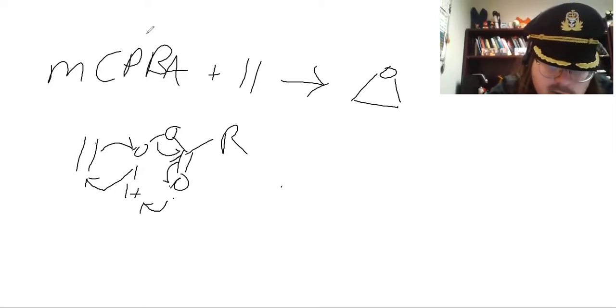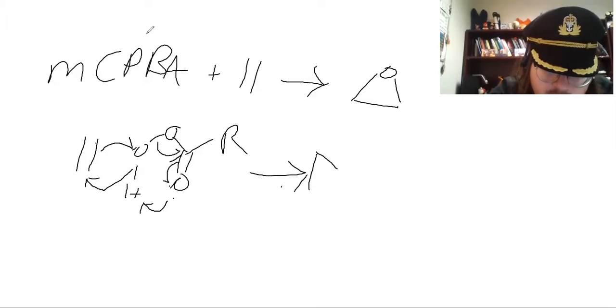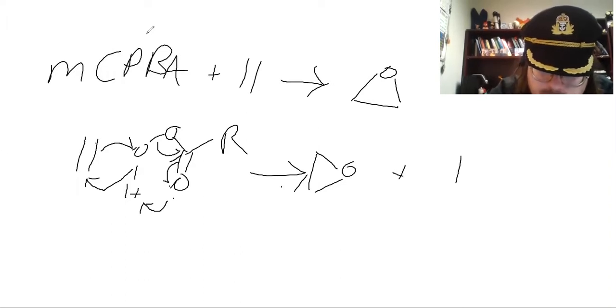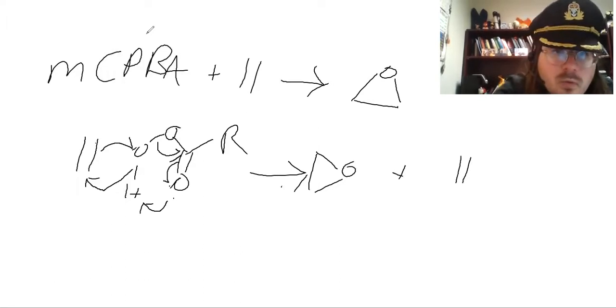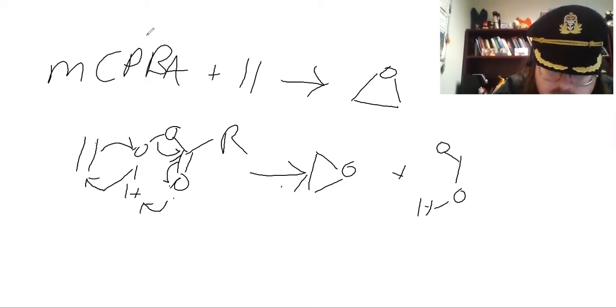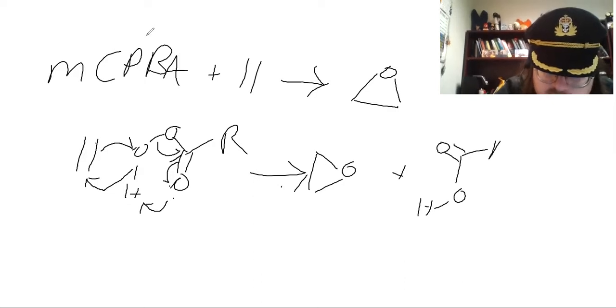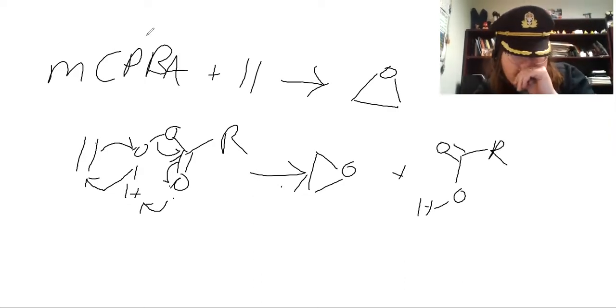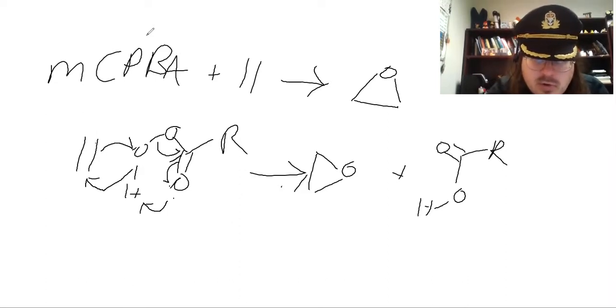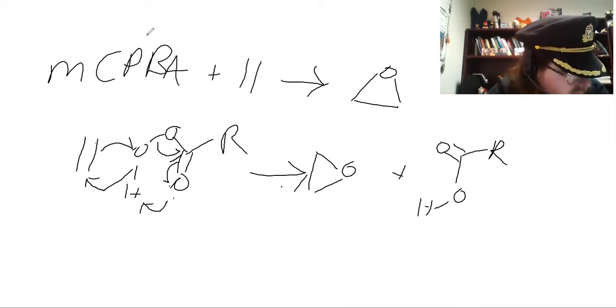So as we form there, we have made our ring, and we have turned what was a peroxybenzoic acid into a standard carboxylic acid, or standard benzoic acid. Essentially the carbonyl and the hydroxy group switch places.